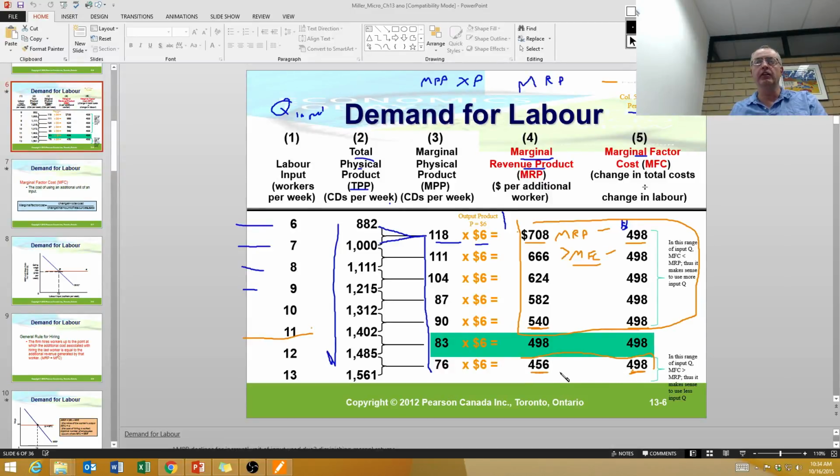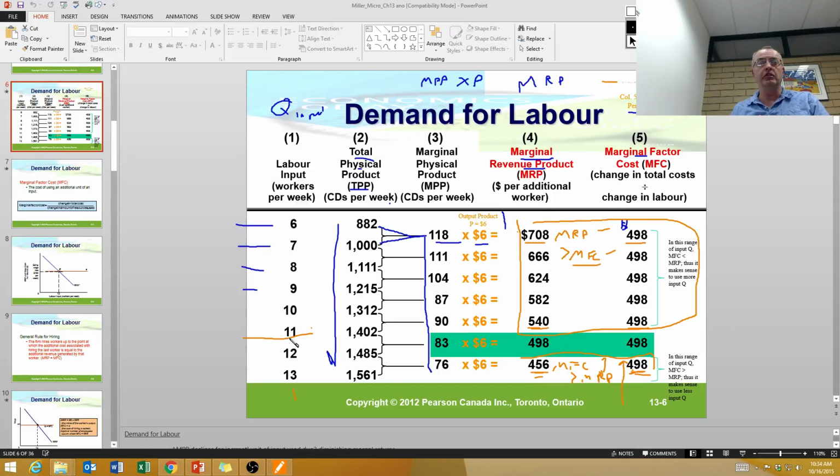And so again, we can increase our net income by reducing our use of inputs because our cost exceeds our revenue. So we can reduce our losses by using less.